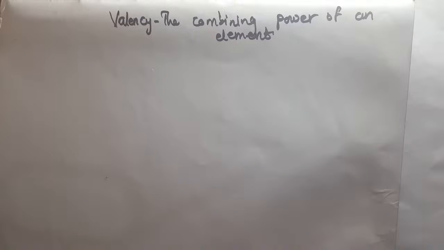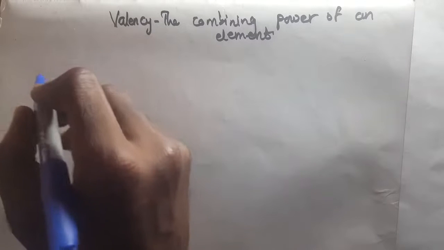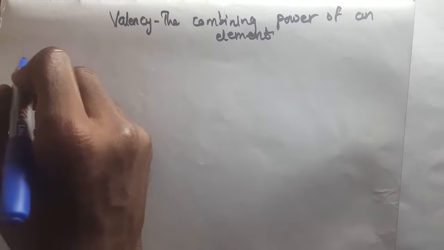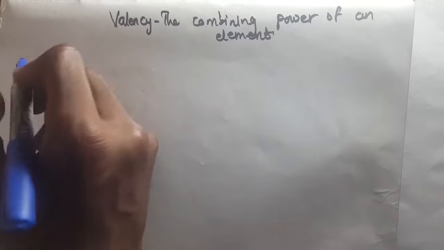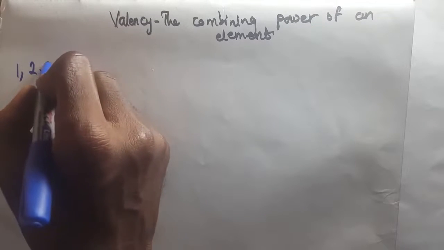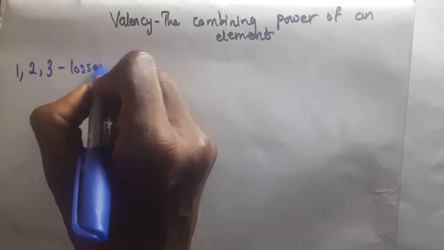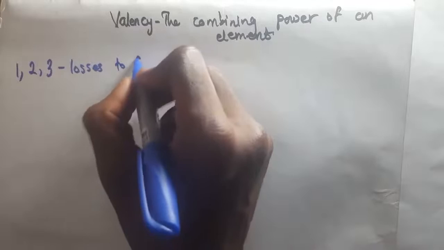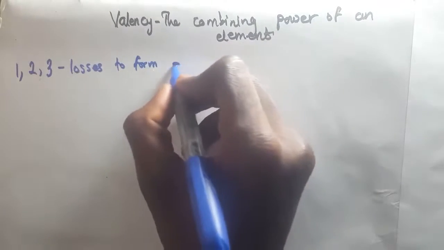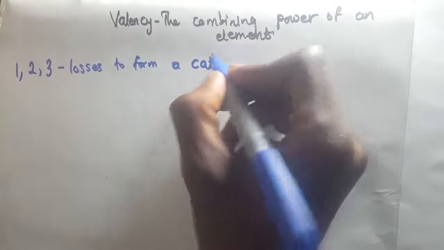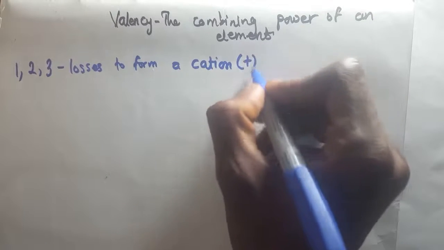Now, what do I mean by excess electrons, and what do I mean when an element can take a number of electrons? Take this. When an element has 1, 2, or 3 electrons on the outermost shell, it loses them to form a cation, and the cation is positively charged.